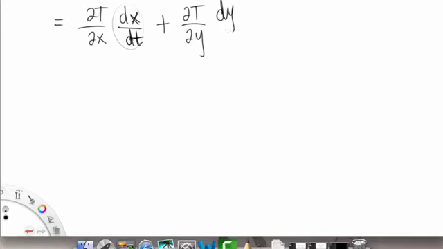If we continue, we get the partial of T with respect to x, and x prime of t is the same thing as dx/dt, and these are normal d's because our function x depends only on t. That's a single variable thing, so we have the normal d's. And then similarly, we have partial T partial y, dy/dt, plus partial T partial z, dz/dt. So that's basically it.